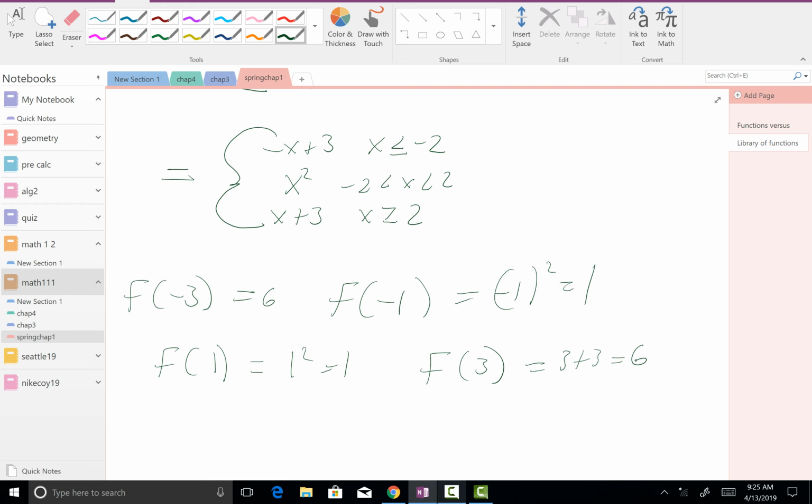And since this function doesn't have an equals to here, and there's just an open circle there, then we're okay. So when you're drawing this on your test next week or whatever, you would probably want to draw open, open, and that kind of thing.